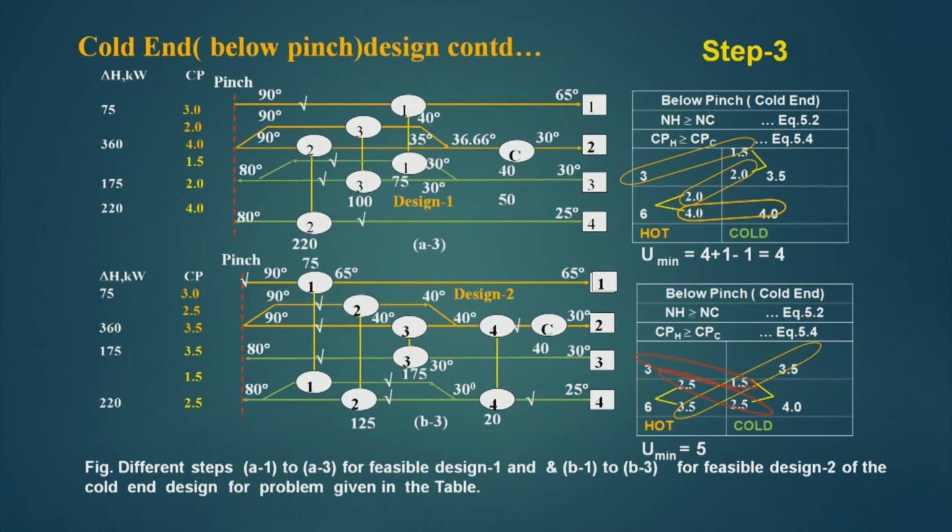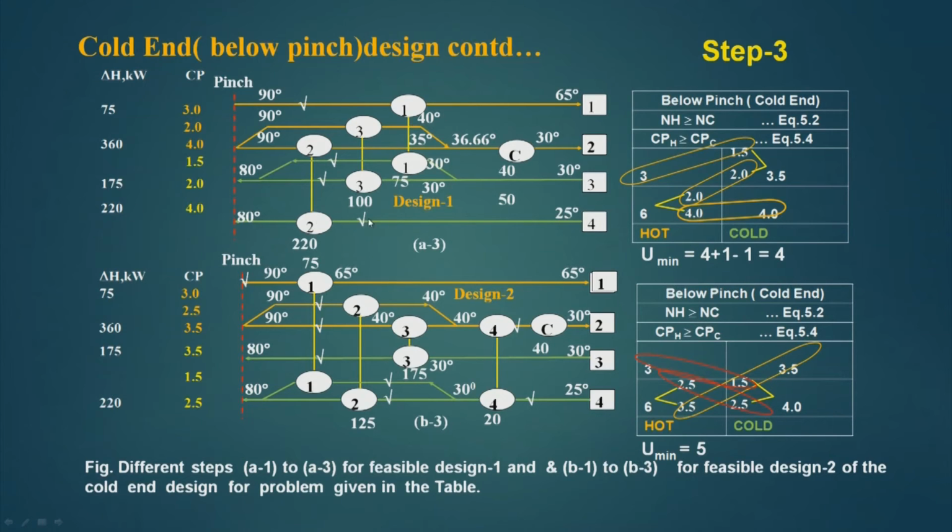So, now this is transferring 100 kilowatt of heat, this is cooling 40 kilowatt. So, this is 140. So, 360 minus 140 comes out to be 220.